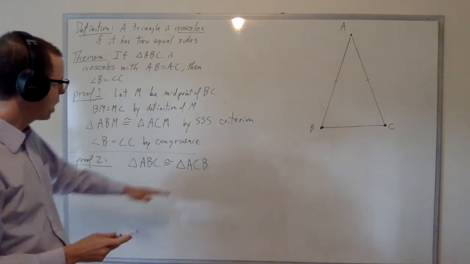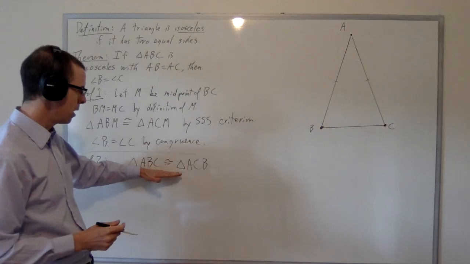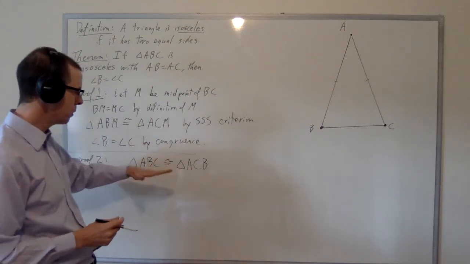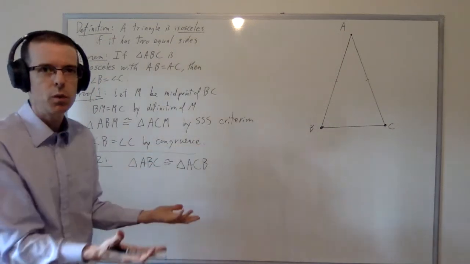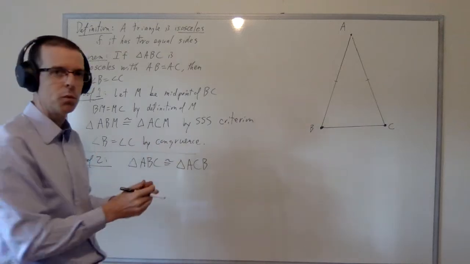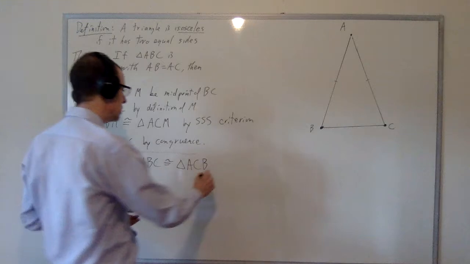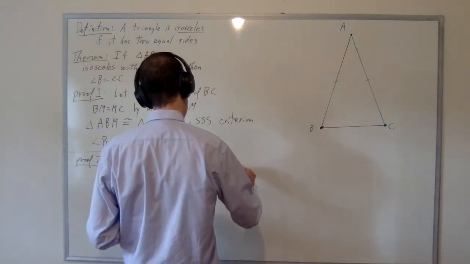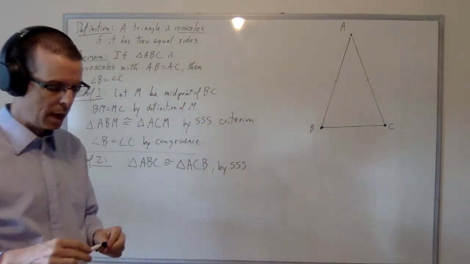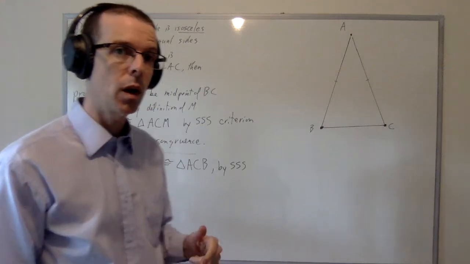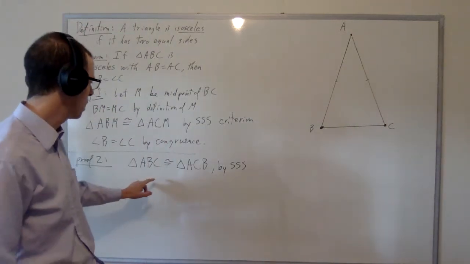Now, every triangle congruence statement should be justified. If somebody just gives you a triangle congruence and doesn't give you a reason, then you should never believe them. Why would this be the case? Well, it's simply side, side, side. And let's examine the 3 statements of side equality that are necessary in order to justify this triangle congruence.